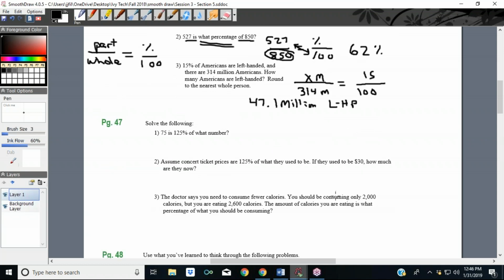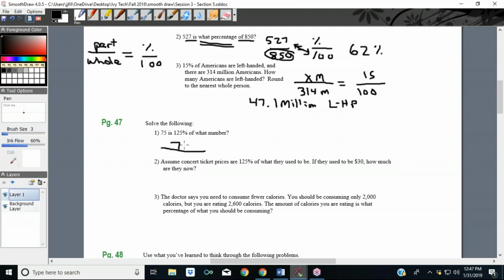All right, so just a little bit more to go here. And let's look at number 1 on page 47. So on page 47, we're working with percentages over 100, but still it's the same process.